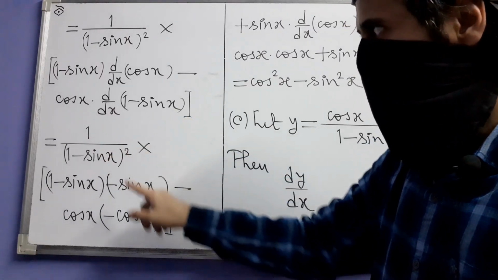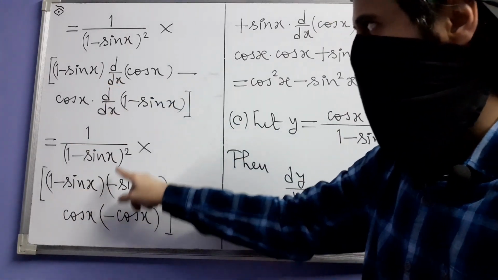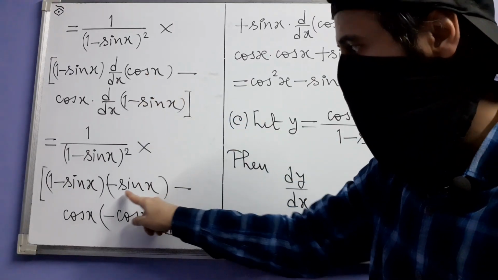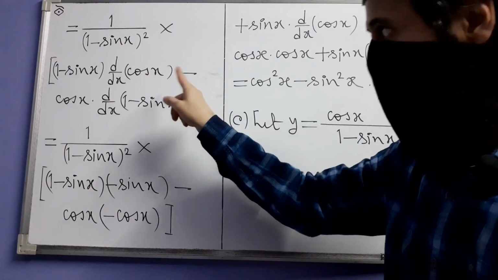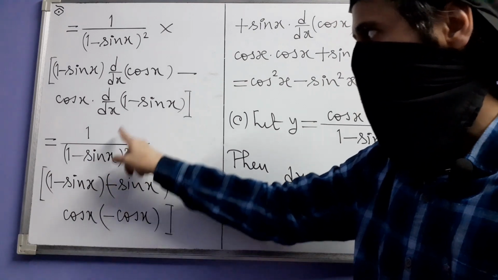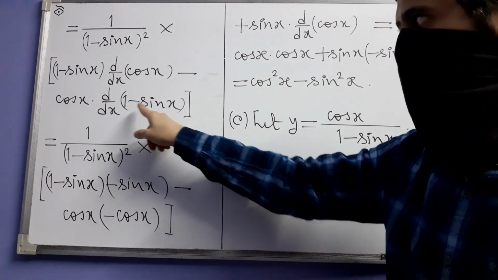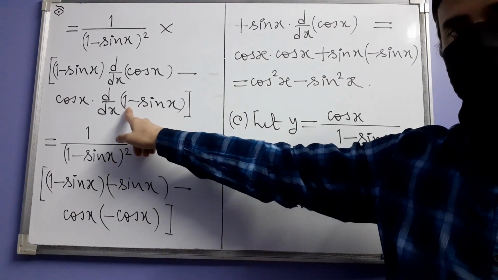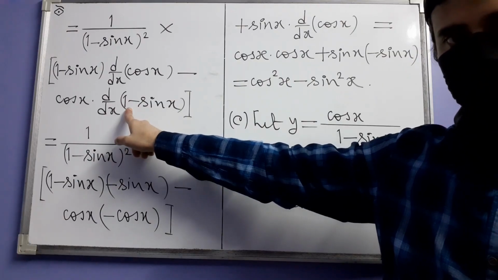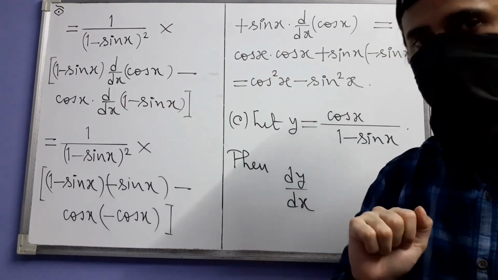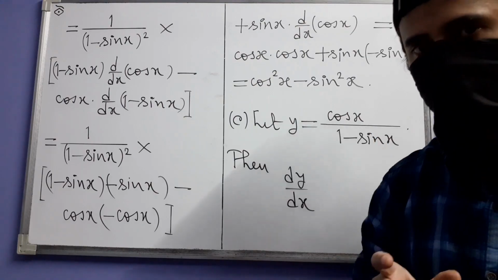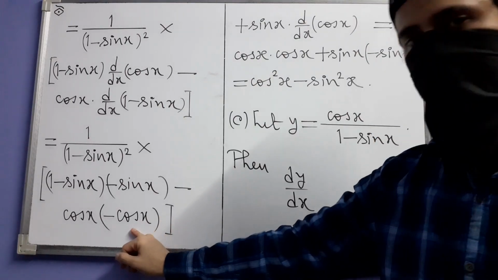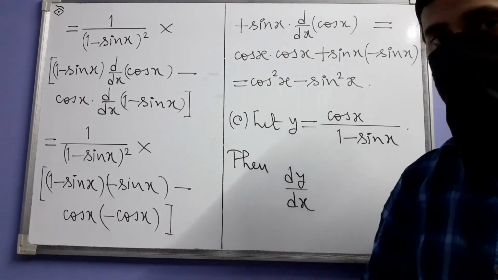So this is outside. Then inside, 1 minus sin x times d/dx of cos x, which is minus sin x, minus cos x times, if you differentiate this, differentiating 1 will give you 0 because of the constant rule, minus d/dx of sin x. d/dx of sin x is cos x. So you get minus cos x. Next.